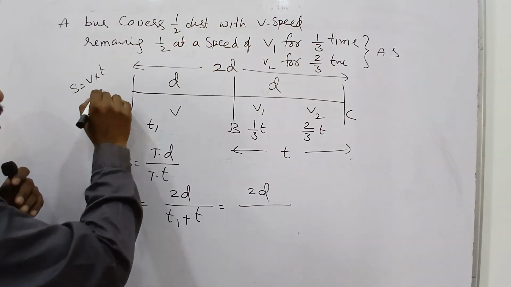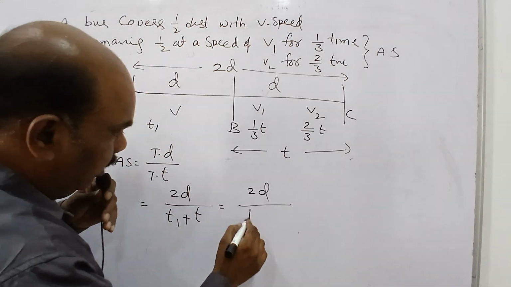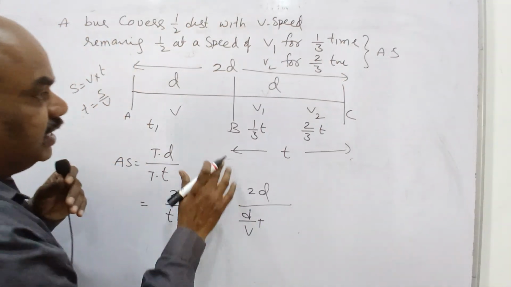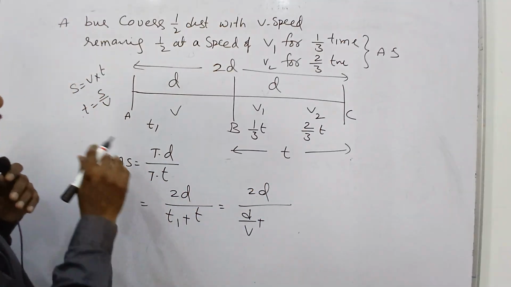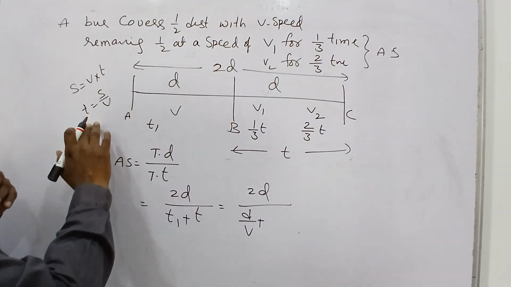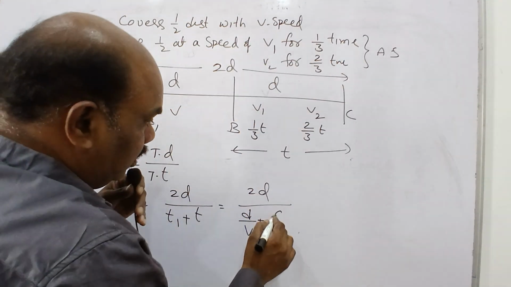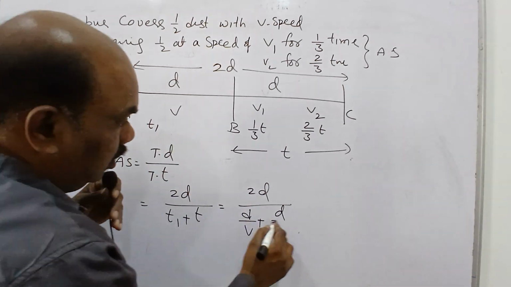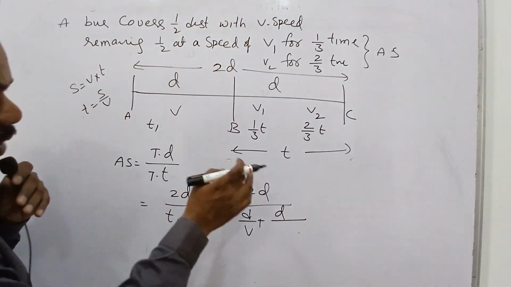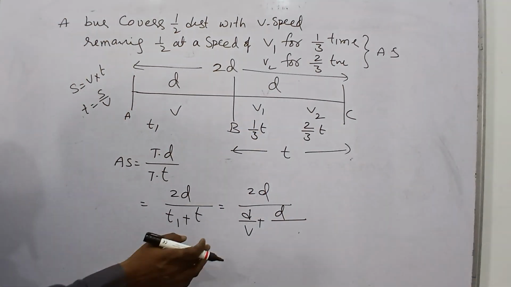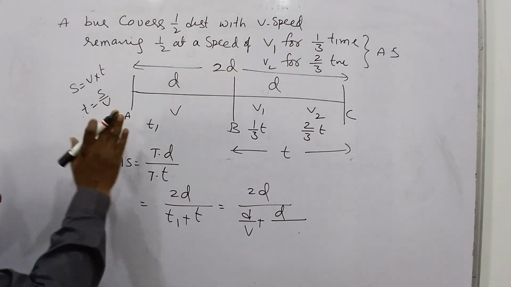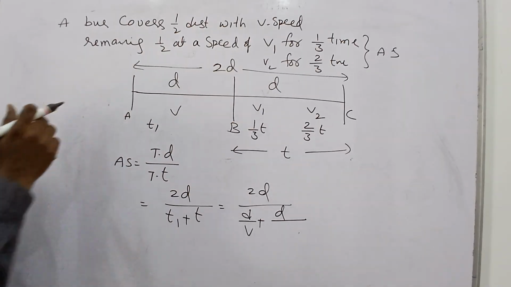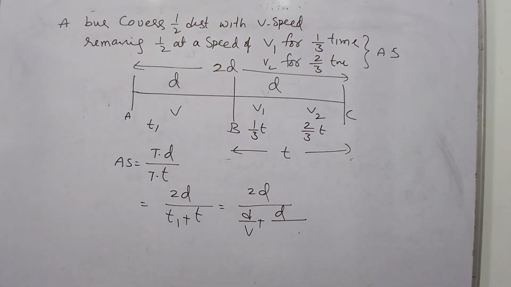Time is equal to distance by speed. d by v plus this total time we want. Time equals total distance by speed. How do you get speed? Tell me. Speed equals total distance by total time. First we will calculate the total time here, then we will substitute there.